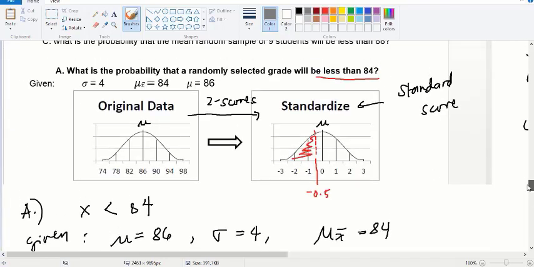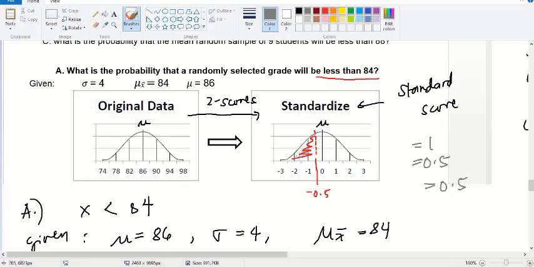If we want to get this shaded part, remember, according to Karl Friedrich Gauss, the entire area under the curve is equal to 1. Since it is symmetric, the left side is equal to 0.5 and the right side is equal to 0.5.